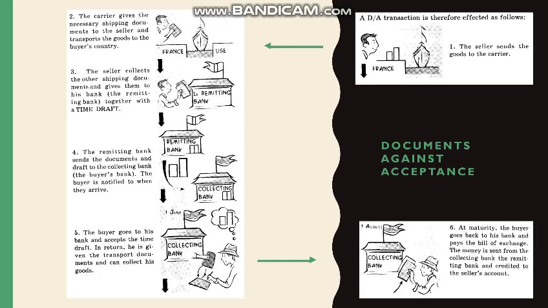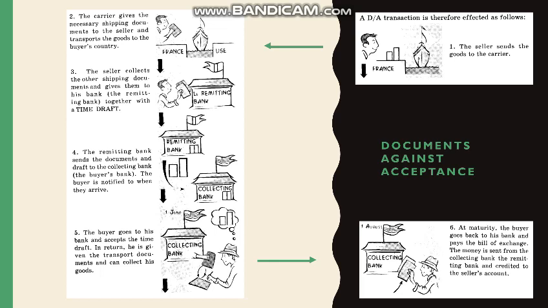The next step, the remitting bank sends documents and draft to the collecting bank or the buyer's bank. The buyer is notified when they arrive. The next step, the buyer goes to his bank and accepts the time draft.